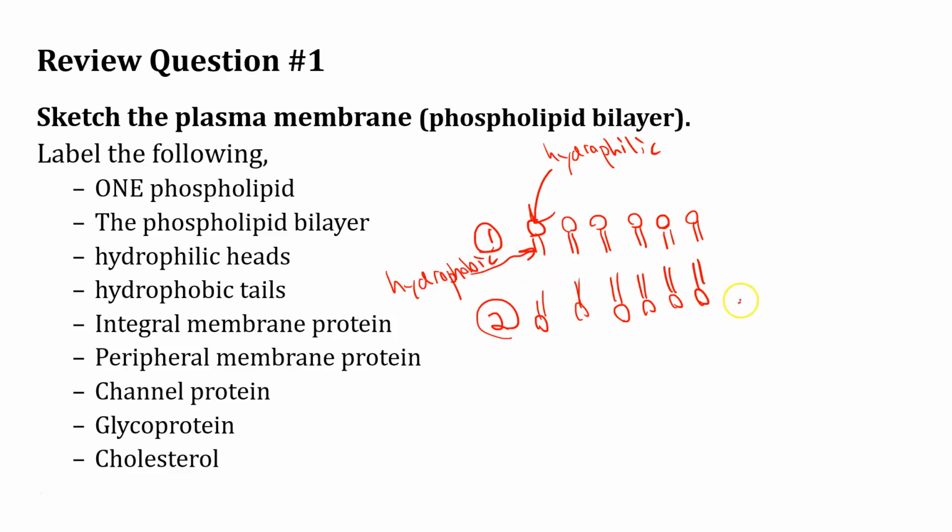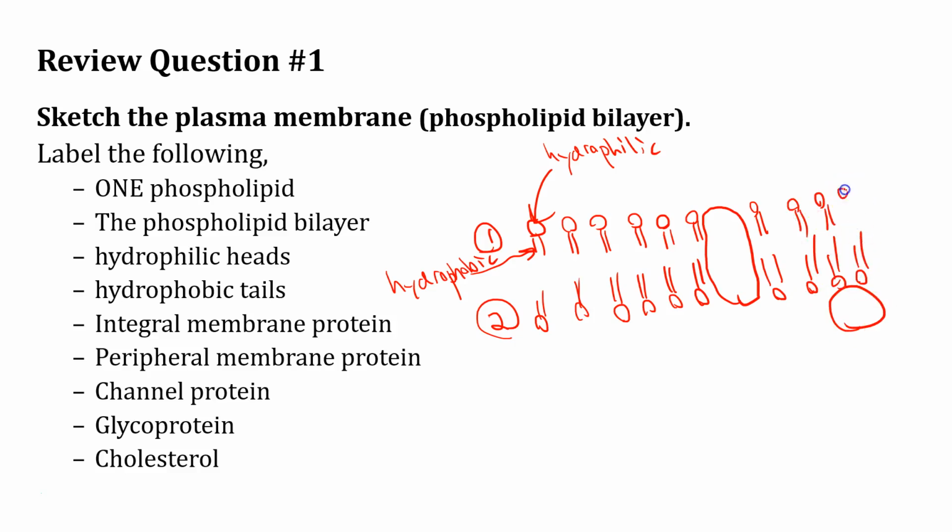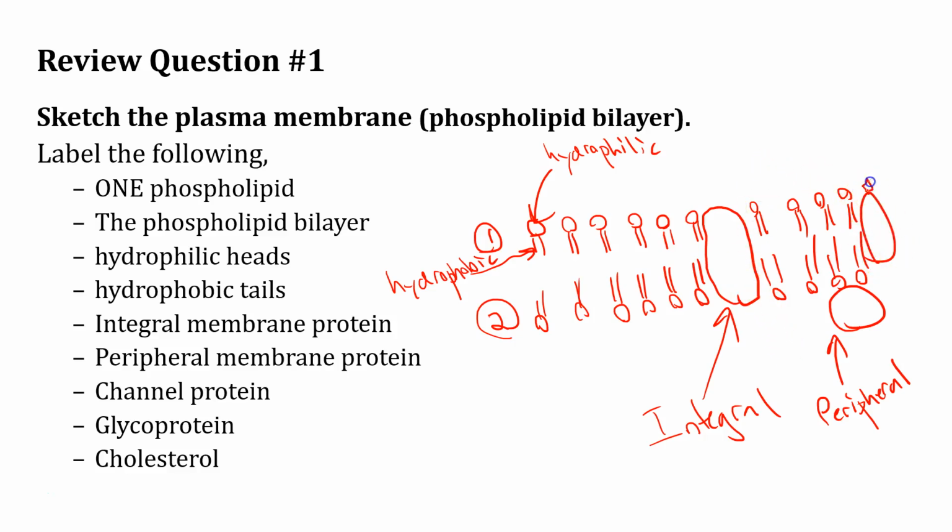Also, an integral membrane protein would be one that spans the whole length of the membrane, whereas a peripheral protein would be one that is just on the surface. So this one right here would be integral. This one right here would be peripheral. And then what else do we have? Glycoprotein. If I put a protein in here and attach some sugar molecules onto it, these sugar molecules can either be a long chain or branched, or maybe it's just one molecule, maybe two, but it doesn't really matter.